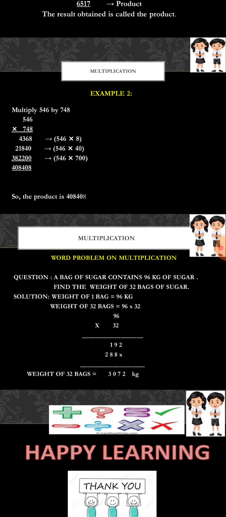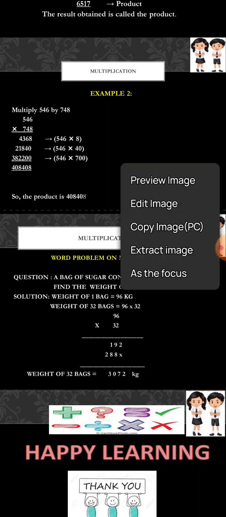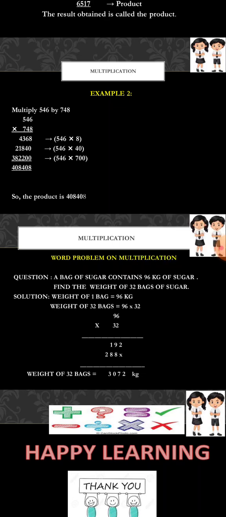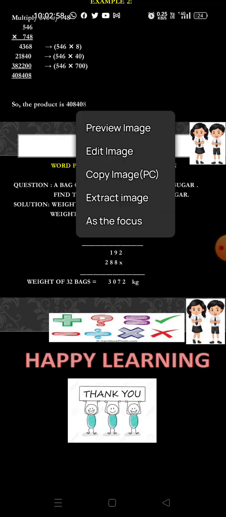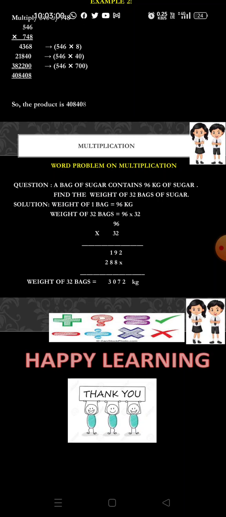Now let's do one word problem on multiplication. So here the question is, a bag of sugar contains 96 kg of sugar. Find the weight of 32 bags of sugar. So how we'll start?